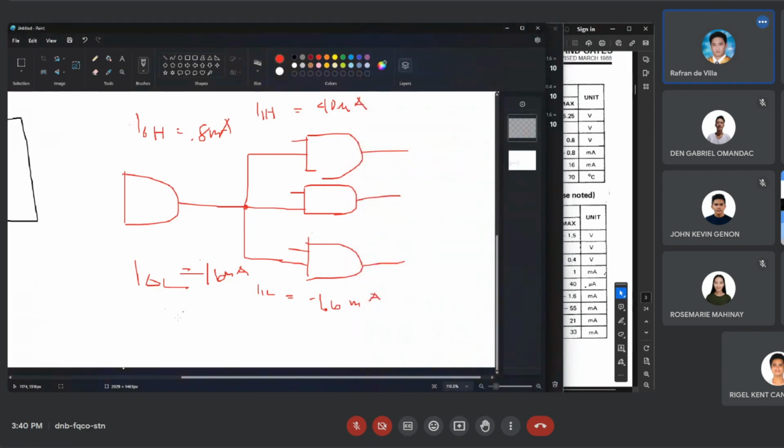So that's IOL divided by IIL, which gives you 10.